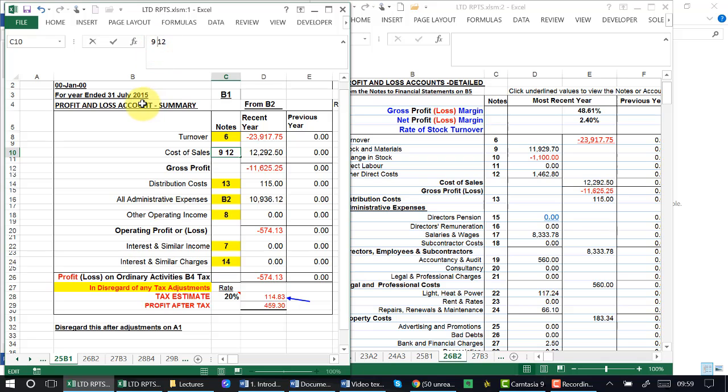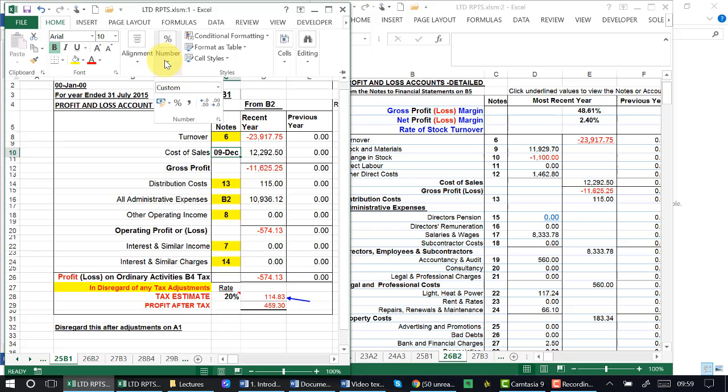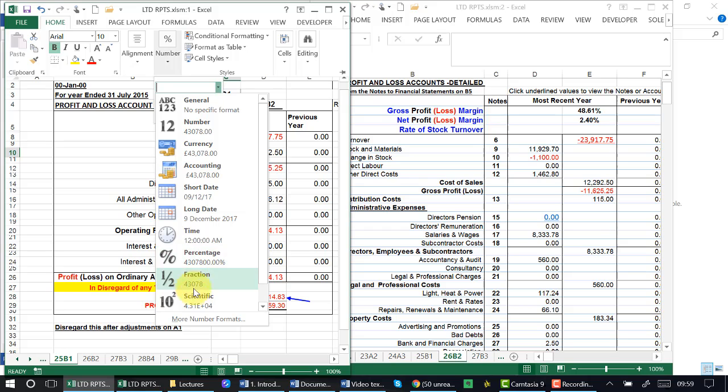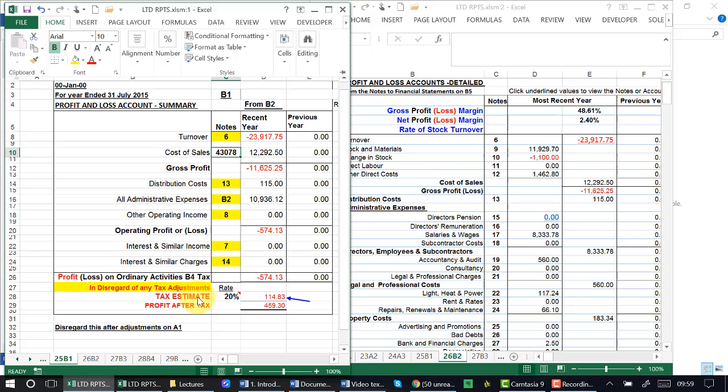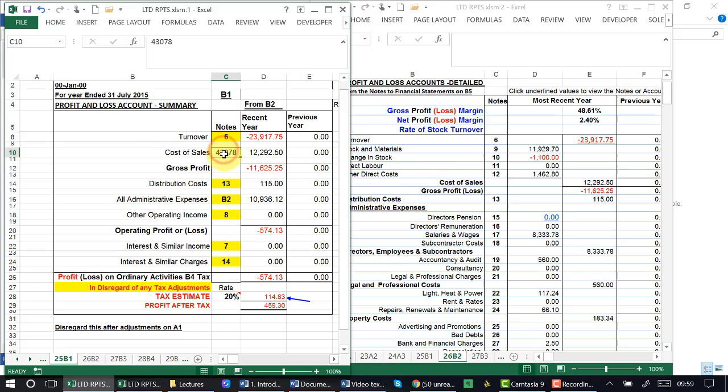Let me put my dash there. 9 to 12. It's messing up. Let me change it to text. Hope it will accept. Change it to text. Okay, so that should be 9 to 12.